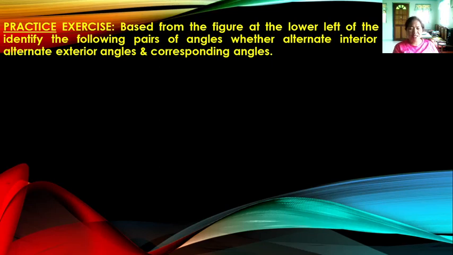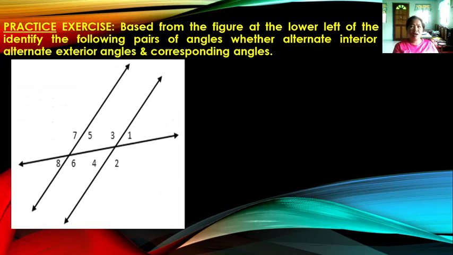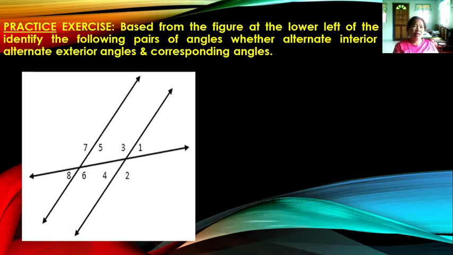So for this time, as an application of how far or how wide you understand the lesson, I will give you a practice exercise. Based on the figure at the lower left of the screen, identify the following pairs of angles, whether alternate interior angles, alternate exterior angles, or corresponding angles.